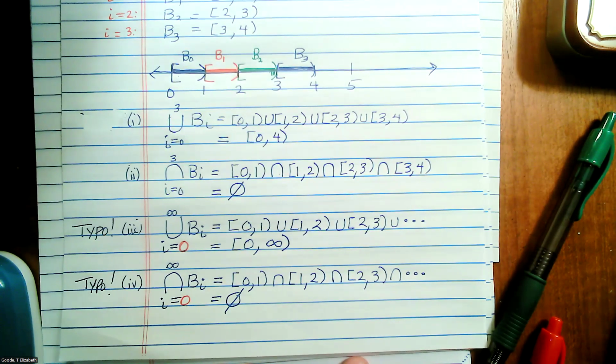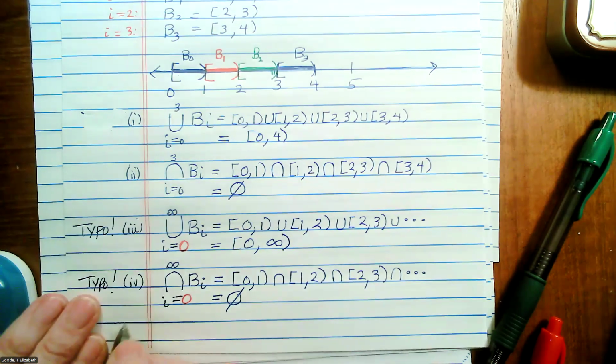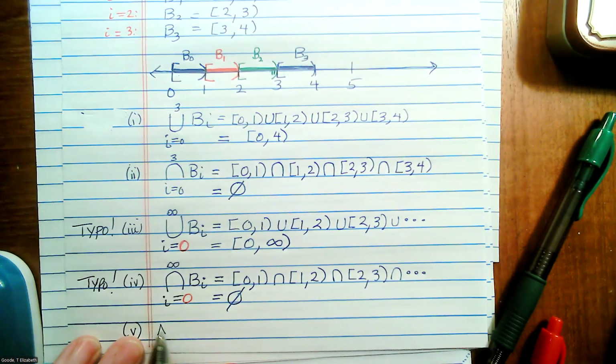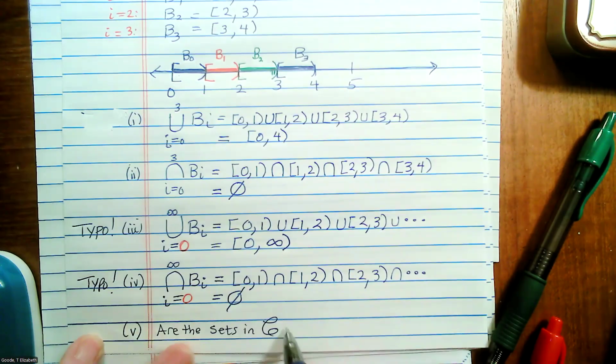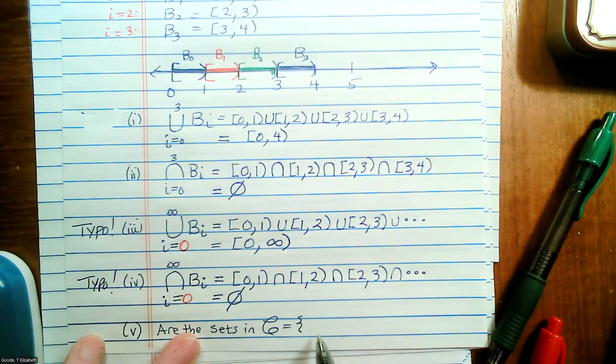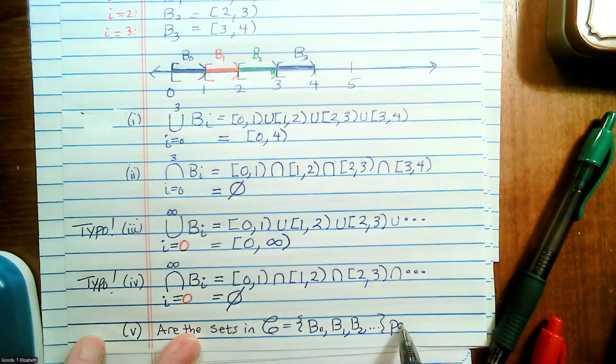So are we good to go with that last question? It says all the sets in collection C, pairwise disjoint. Do we just write yes? Yes, they are pairwise disjoint. Whether we start with B0, B2, and so on, they are pairwise disjoint.